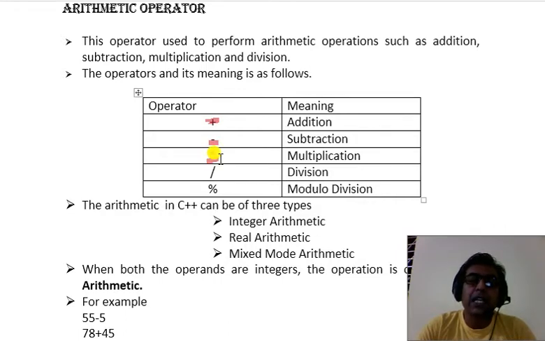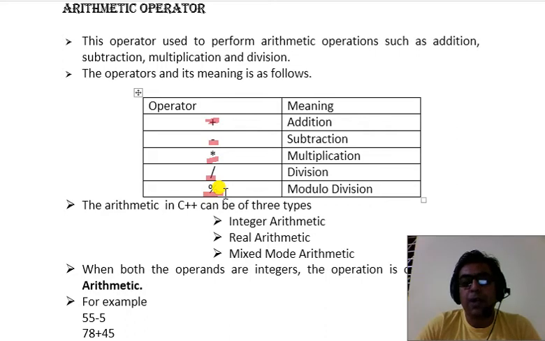If you want to divide the number, we use slash sign. And one more operator is there, that is called as the modulus operator. Modulus operator is used when we want remainder as a result. After dividing the number, if we want the remainder as a result, that time we use this modulus operator.